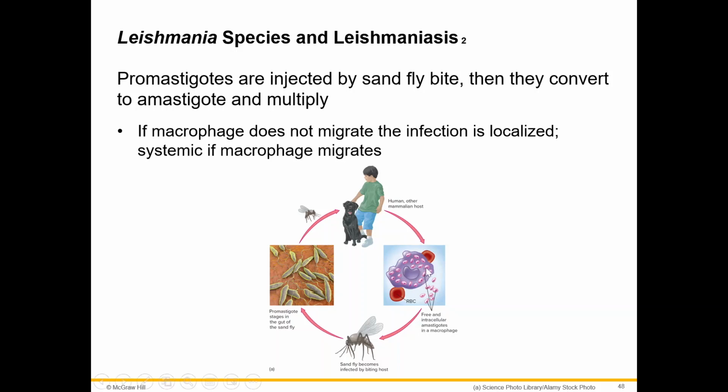So kind of like how we had talked about in some of the fungi, where they can completely invade a macrophage and create all of these little guys, right? These organisms. And so as long as he just stays in the area, you're fine. But if these go throughout the bloodstream and get carried throughout different systems of the body, it can become systemic.